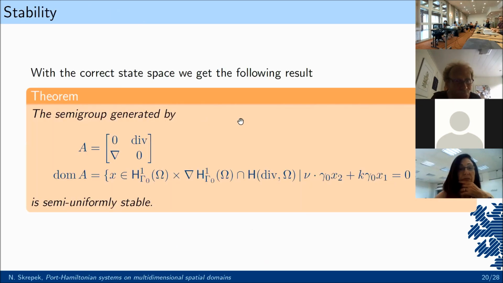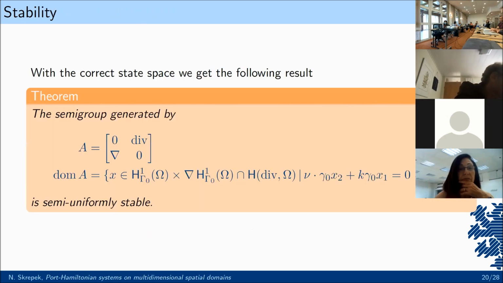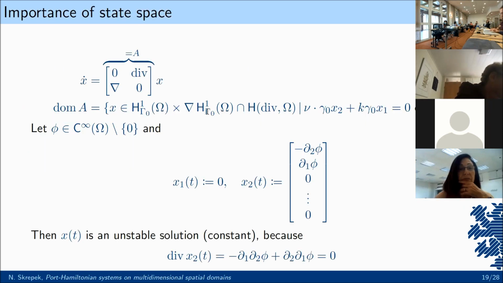And for the stability result, the compactness result is important. It's already clear that we can compactly embed this space into L2, but it's not clear if we can embed the other space into L2 compactly. So we have to work here.